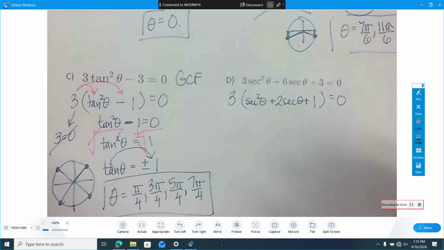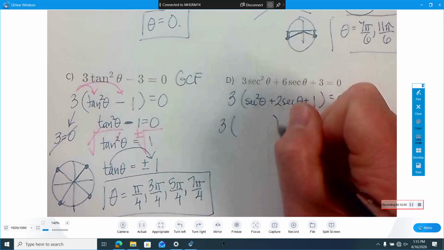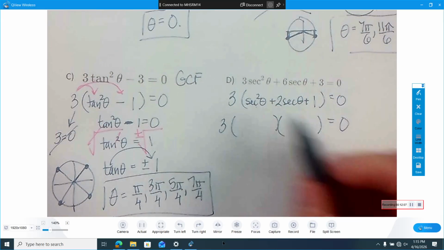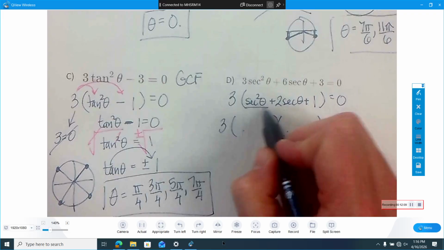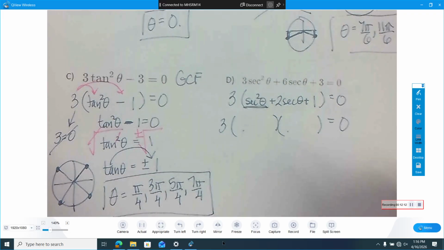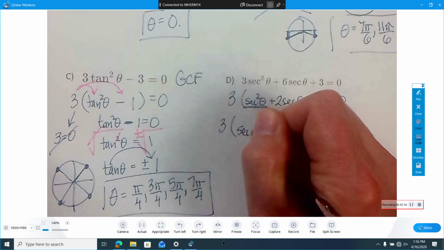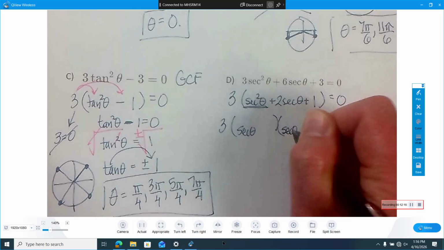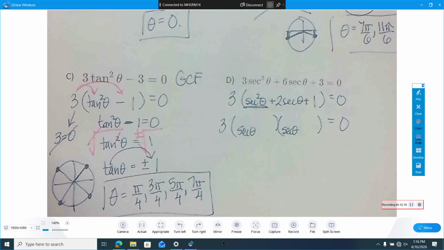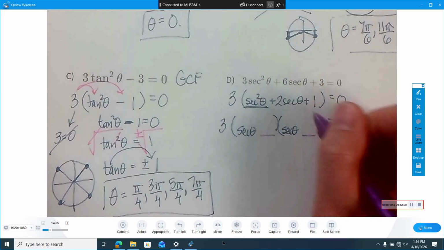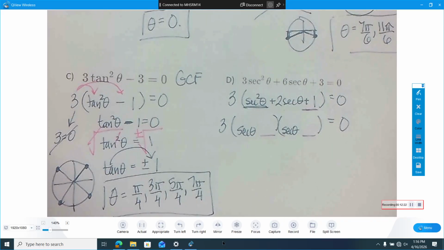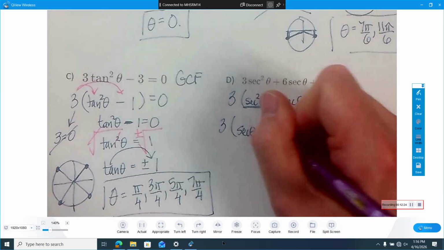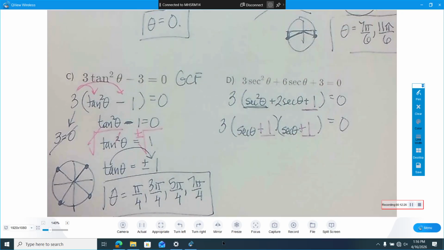Double bubble. Okay. So we're going to double bubble. What times what gives me secant squared? Secant times secant. So secant theta times secant theta. And last times last has to give me a positive 1. What times what gives me positive 1? Positive 1 times positive 1 gives me a positive 1.